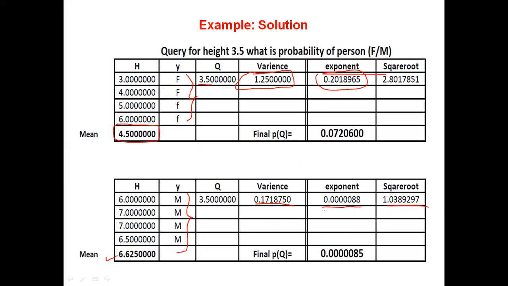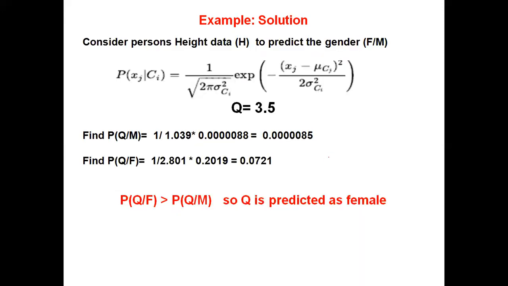After putting in these values, we get the final probability of Q for the male class label, which is 0.000085. If you compare this probability for the female and male classes, you can observe that for female the probability is greater, so we check for the maximum probability.